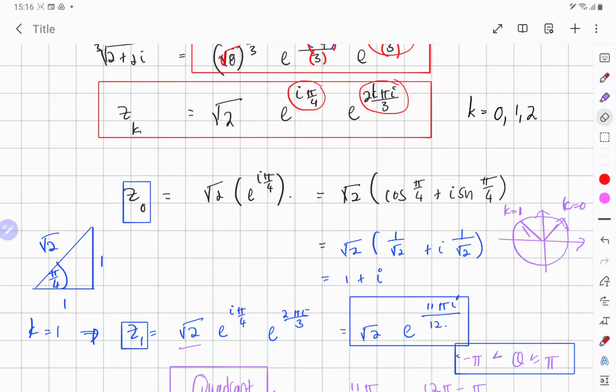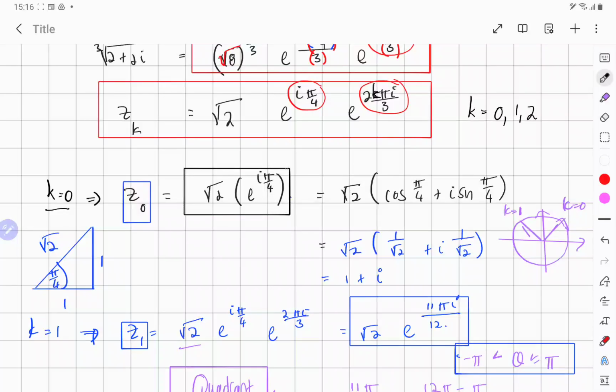If I substitute k with 0, that is going to be for my first root. So I just get root 2 e to the i pi over 4.